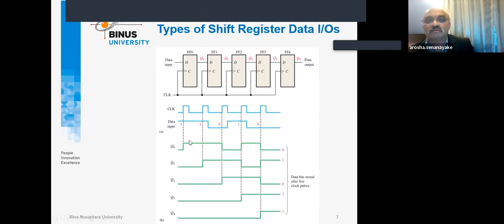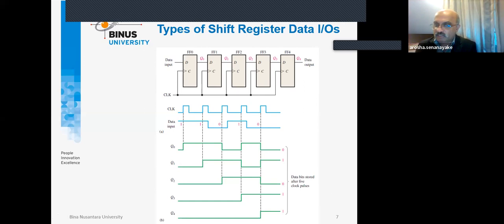So then 1 will be maintained until the next clock pulse starts, so that 0 will be moved. That's where you can see all the way the movement of the bits will happen towards the end. Of course, you have to look at this using an oscilloscope or some analyzers available.